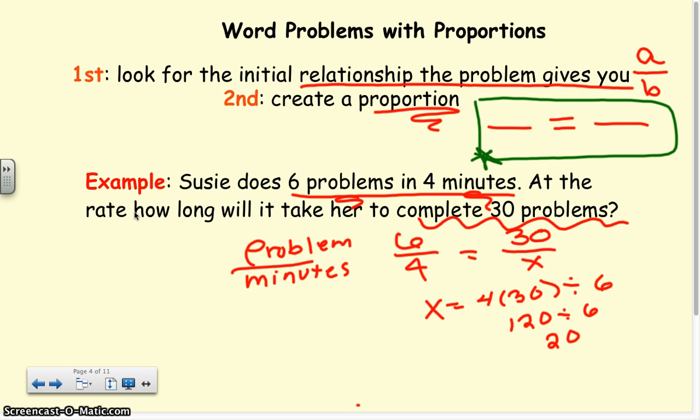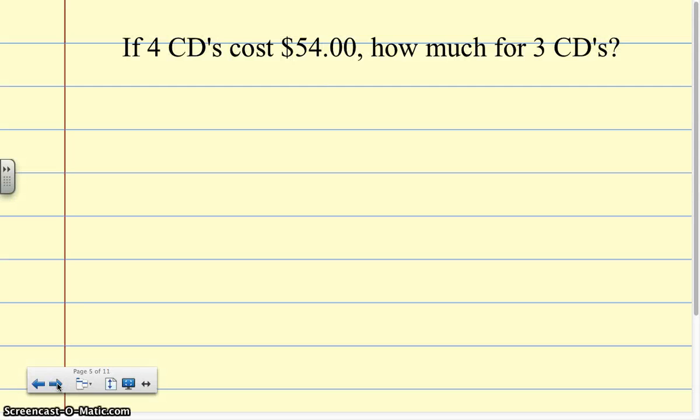We're going to do another example in our notes. I want everyone to be doing this in their notes. If 4 CDs cost $54, how much will 3 CDs cost? So this is a lot easier to write down in your notes. 4 CDs is to $54.